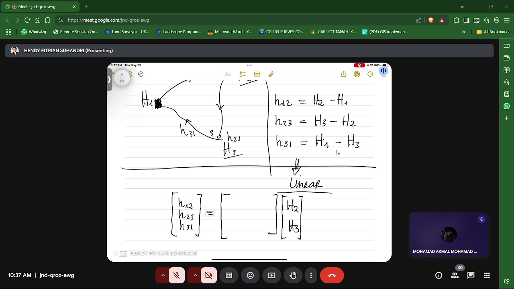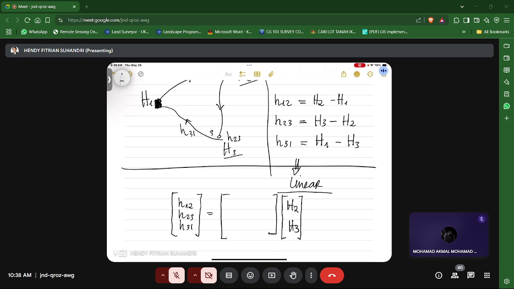So we have two unknowns with three equations. That means we have one redundancy, because it is the number of equations minus the number of unknowns. Three equations minus two unknowns, so we have one redundancy. That's the way we know how many redundancies we have.